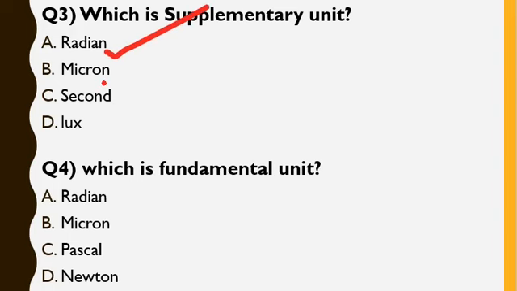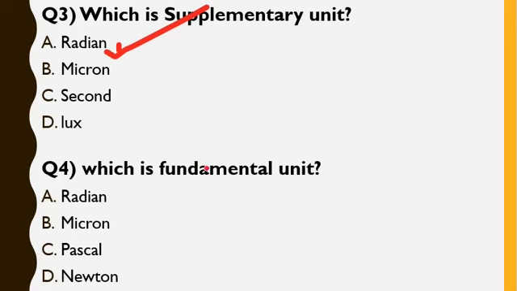Micron is not a supplementary unit. We discussed this is a unit of distance, equal to 10 to the minus 6 meter. Light is not a unit. So the supplementary unit is radian. One is radian and another is steradian. Steradian is a unit of solid angle. Radian is a unit of angle.